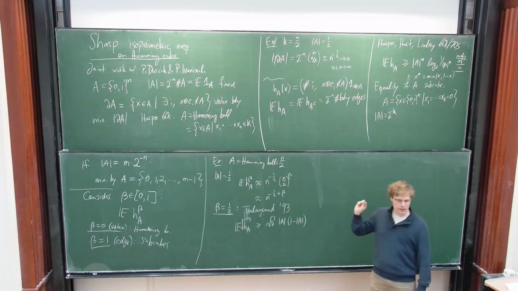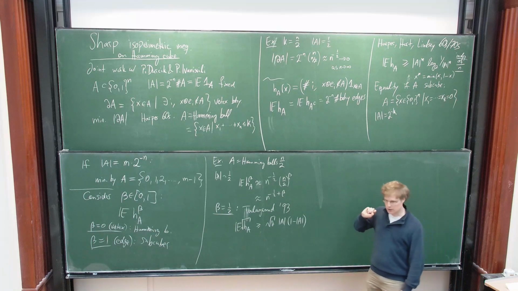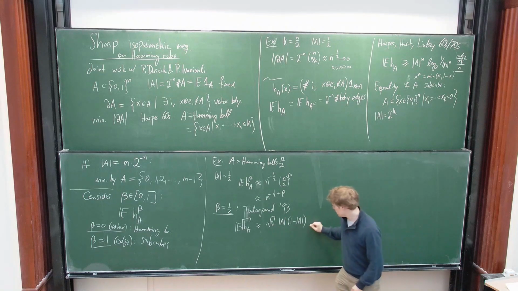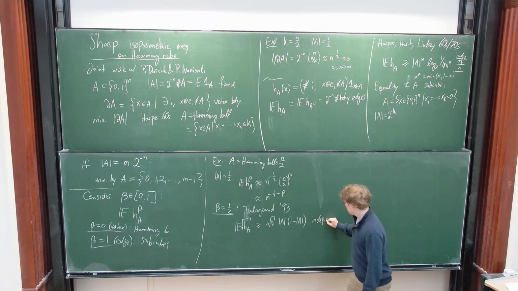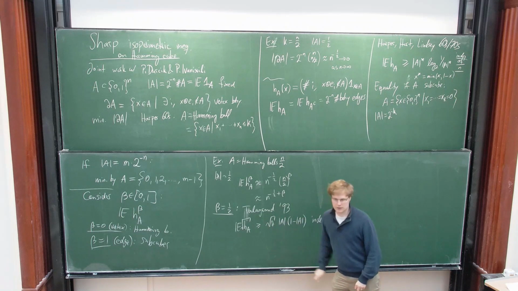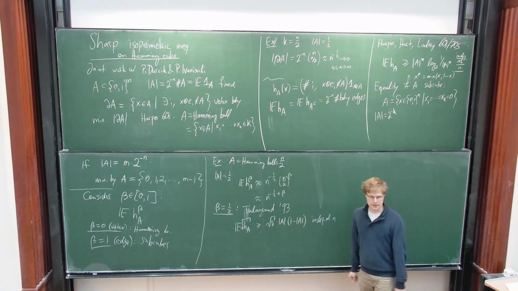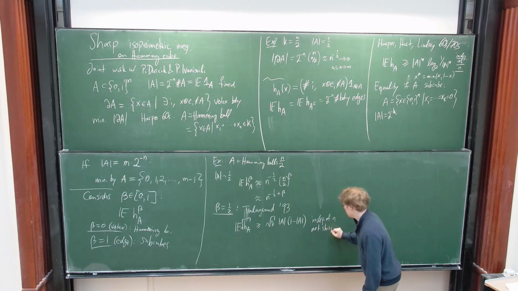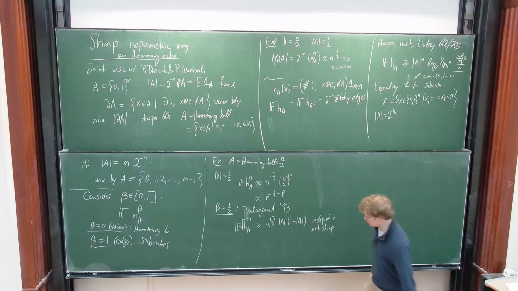However, in this talk, I really care about constants. So in another way, this is not a very satisfying inequality because it's not sharp. There's never a case of equality unless A is the full or the empty set. So this is not sharp at all. We would like to improve this.